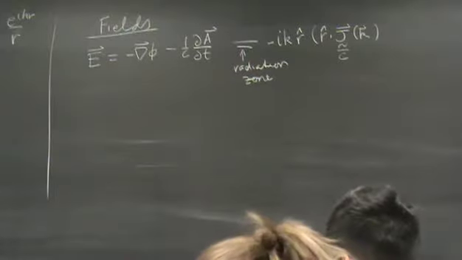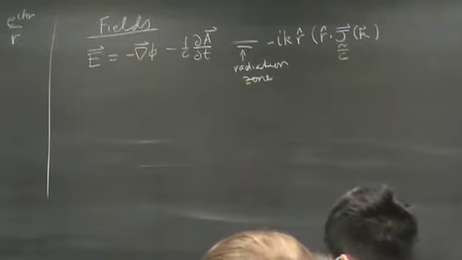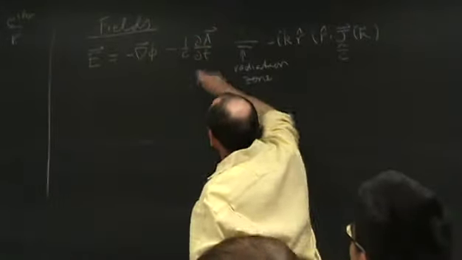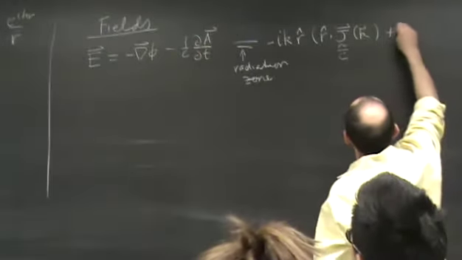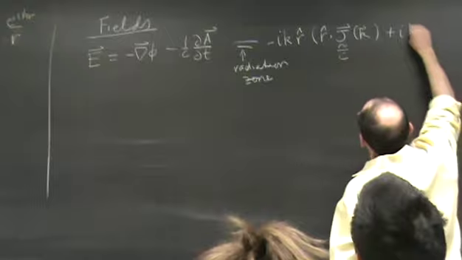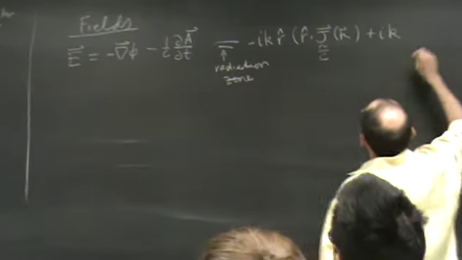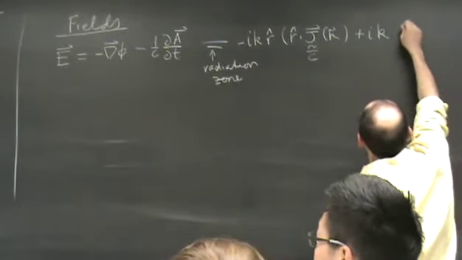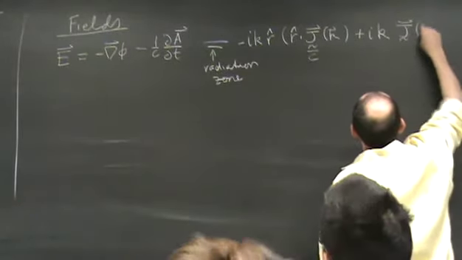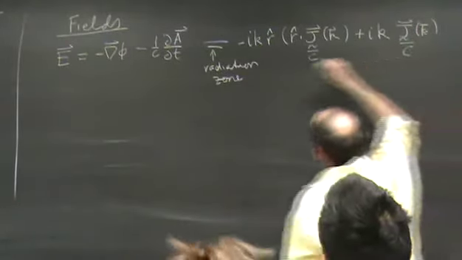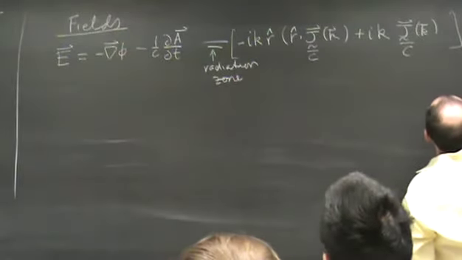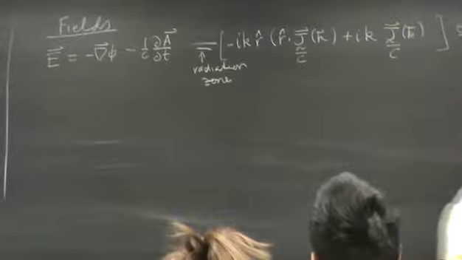And then we have the dA dt. And the dA dt is going to be, again, d by dt is minus i omega, so that's plus i omega over c, which is k, times A, which is proportional to J. And all of this then multiplies e to the ikr over r.